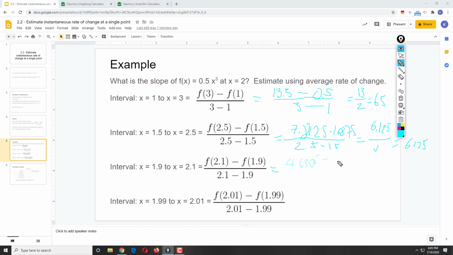Let's plug in 3.4295. Divide by 2.1 minus 1.9. Let's subtract using a calculator. 4.6305 minus 3.4295 gives us 1.201.